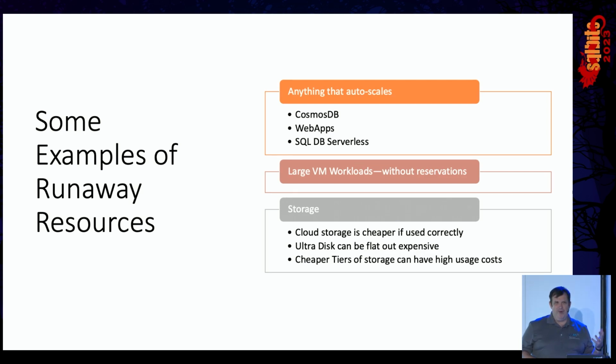The other two examples I always see whenever I see a project with cost overruns: Databricks, because Databricks can spin up a large number of nodes, and Databricks has a twofold charge. You pay for the compute cost of the VMs, and then there's a charge to Databricks that's effectively a licensing fee. That's rather significant based on the size of your nodes and how long they're running. Then large VM loads.